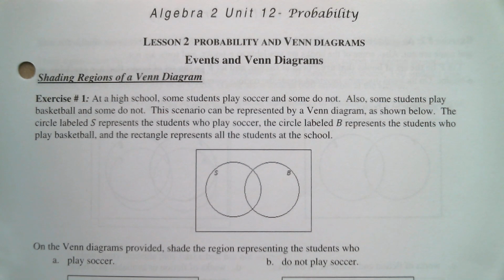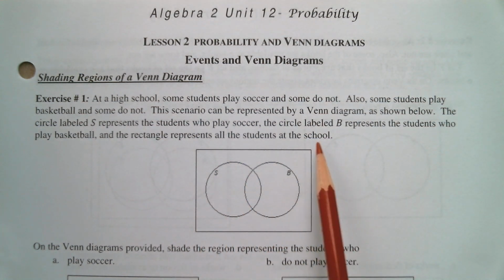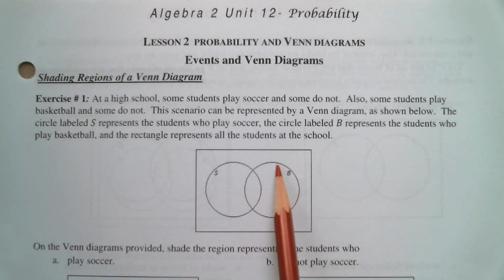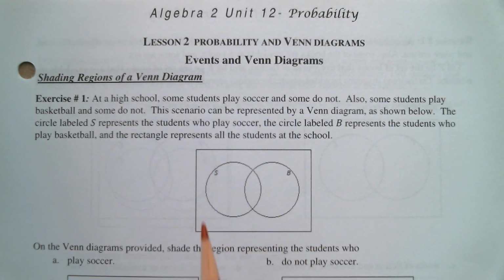This scenario can be represented by a Venn diagram as shown below, in which case the circle labeled S represents the students who play soccer. The circle labeled B represents the students who play basketball. And the rectangle represents all the students at the school.